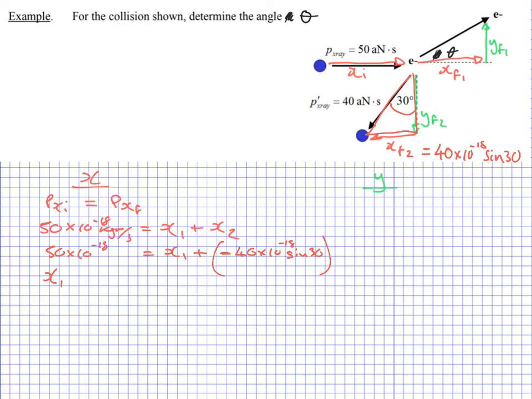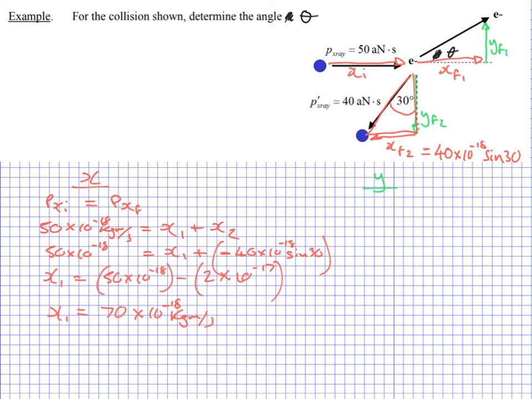So x1 is going to be, let's write it out, 50 times 10 to the negative 18 minus, this ends up being 2 times 10 to the negative 17. So that means that my x1 final is going to be 70 times 10 to the negative 18 kilogram meters per second.